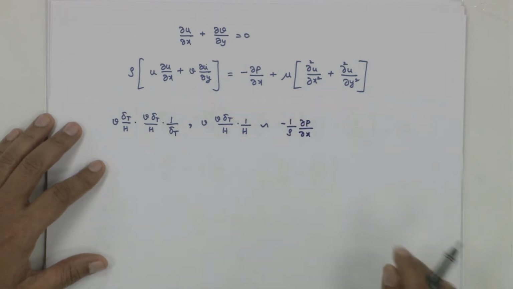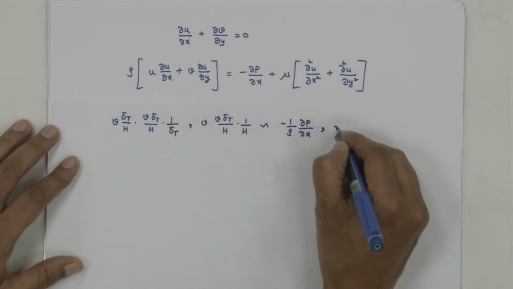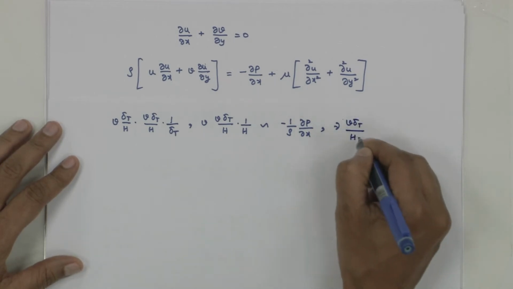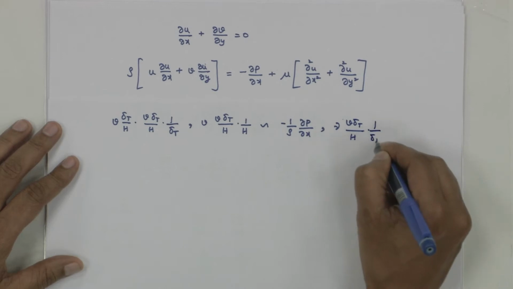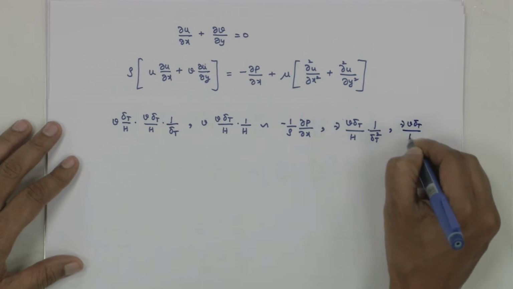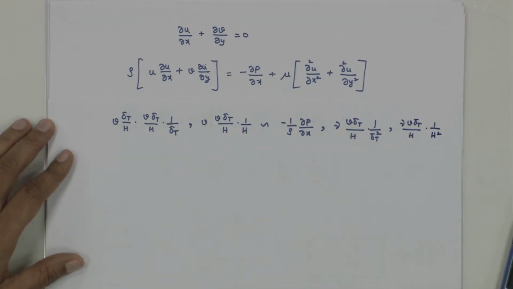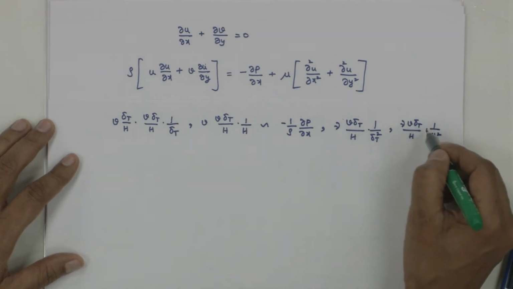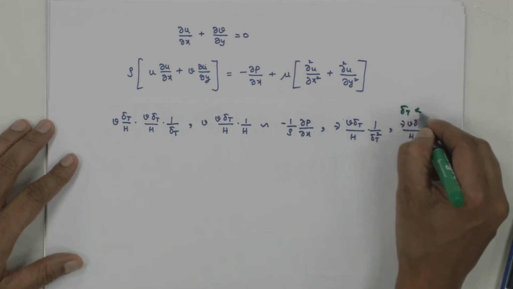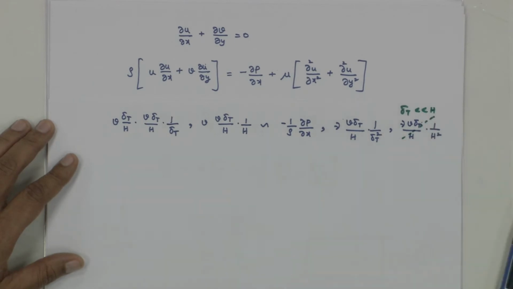I am going to keep it like that only, I am not going to change that. Then nu u is V delta t by h into x, which is delta t squared, and nu V delta t by h into 1 by h squared. As you can notice here, this is delta t by h cubed. Delta t is very much less than h, so this term can be neglected.